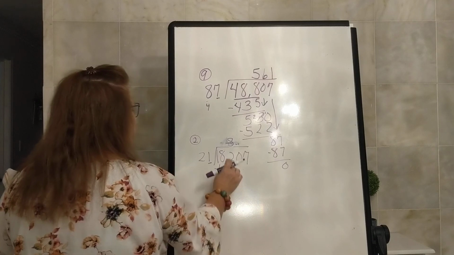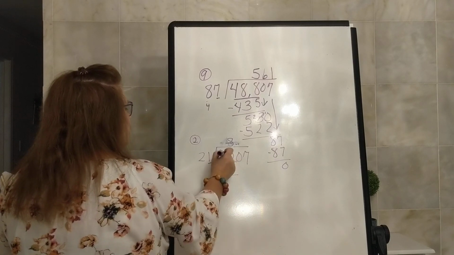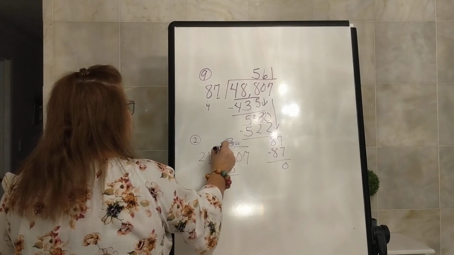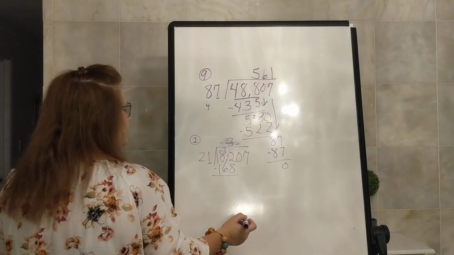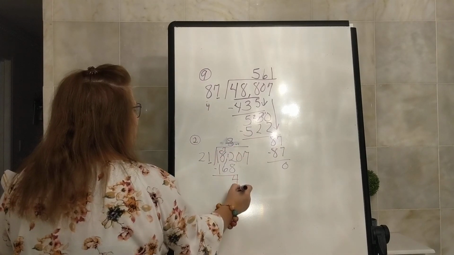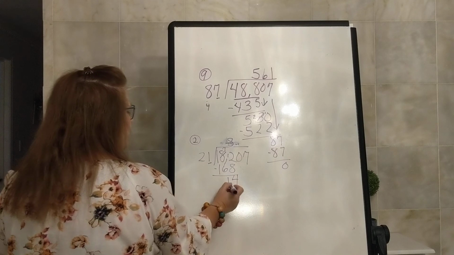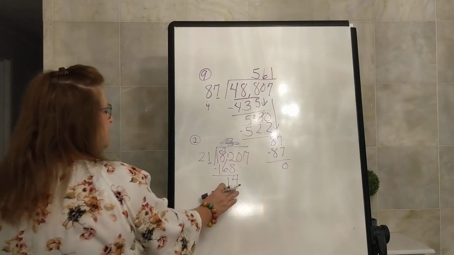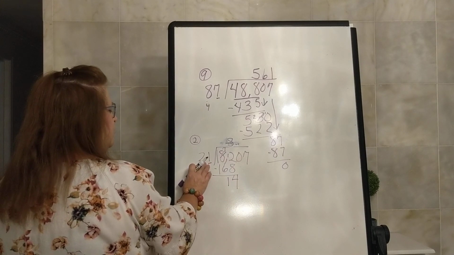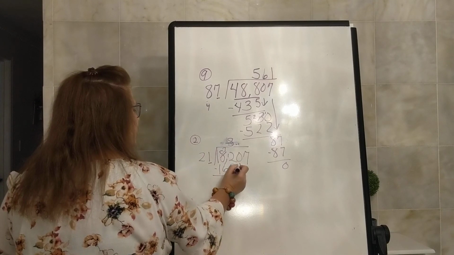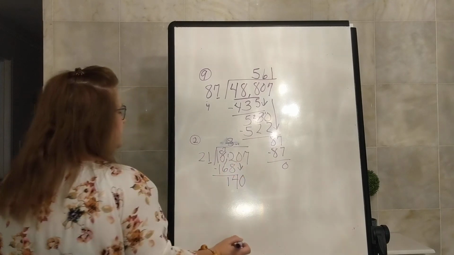We subtract. We can't say 2 minus 8, so we have to borrow from our 8 and make it a 7. Our 2 is now a 12. 12 minus 8 is 4. 7 minus 6 is 1. We have 14. Is 14 smaller than our divisor 21? It is, so we bring down our next digit, which is a 0.